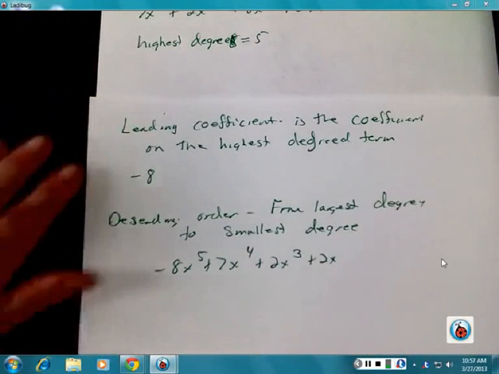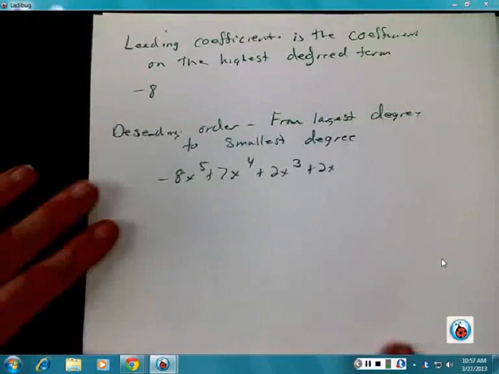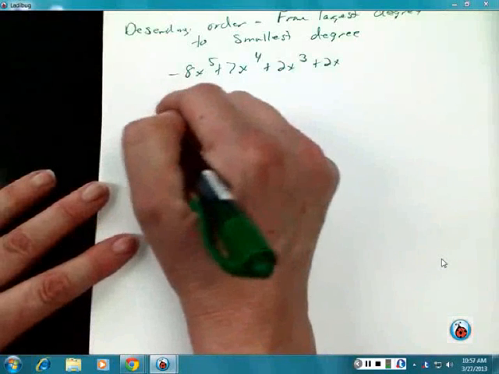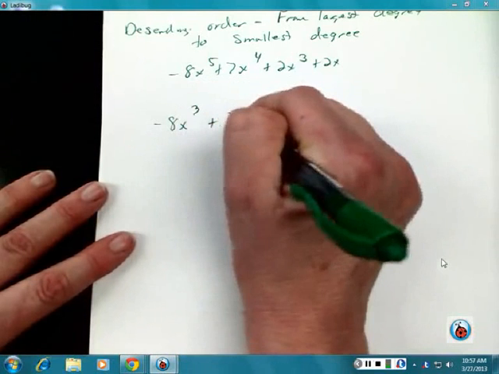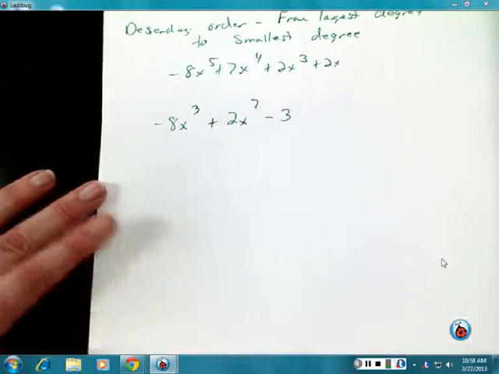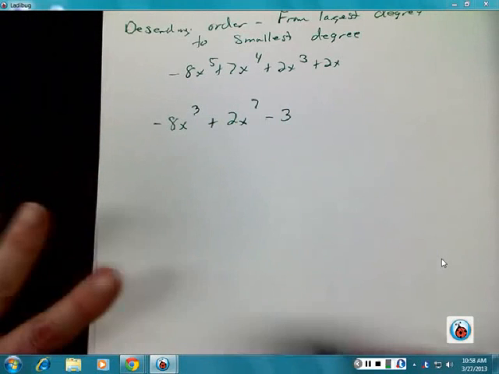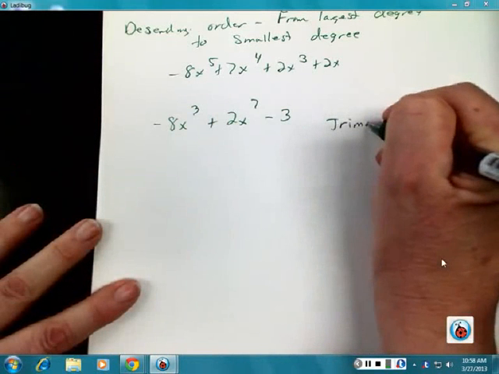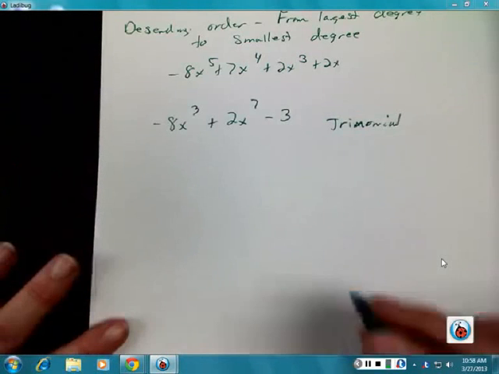So here's another one. Let's see if we can find all of the information on this one. Negative 8x to the 3rd plus 2x to the 7th minus 3. What kind of polynomial? Trinomial. What is its highest degree? 7.